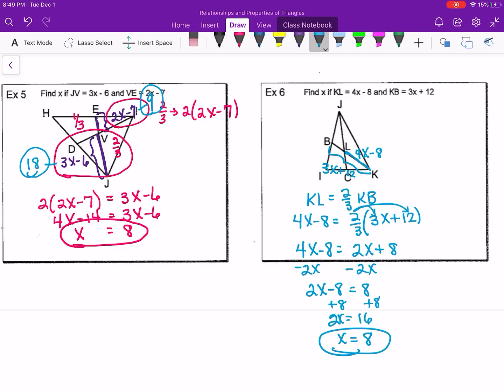Let's go up and check and see if it makes sense with the arithmetic, with the numbers in the picture. Okay, if x is 8, 4 times 8 minus 8 is 32 minus 8, or 24. So it's saying that this longer piece is 24. The entire length would be 3 times 8 plus 12.